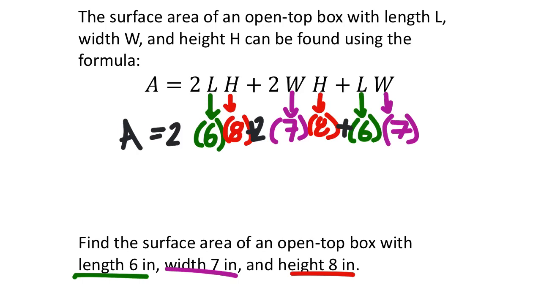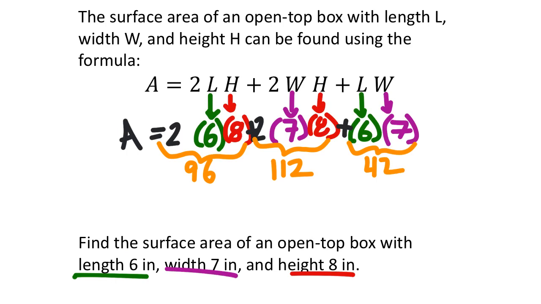So 2 times 6 times 8. 2 times 6 is 12. 12 times 8 is 96. There's that one. And then this next one, we got 2 times 7 is 14 times 8. I'll use my calculator for that one, which is 112. And then 6 times 7, we should have that one at 42.